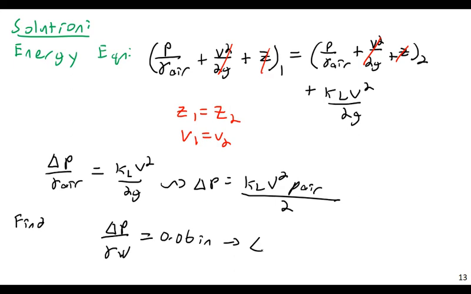And from this, we can get that delta P is equal to 0.06 inches times 1 foot per 12 inches times the density of water, which is 62.4 pounds per cubic foot.